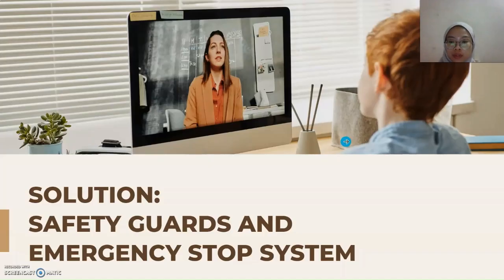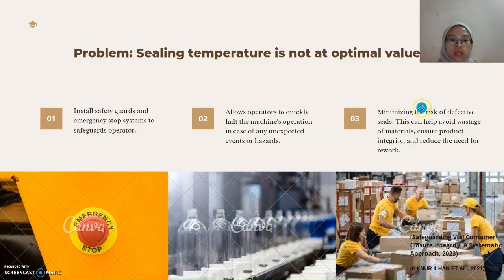So the proposed solution that we're going to discuss is the safety guards and emergency stop system. The problem is that when the sealing temperature is not at the optimal level, there is an issue with the machine. So we install a safety guard and emergency stop system to safeguard operators.